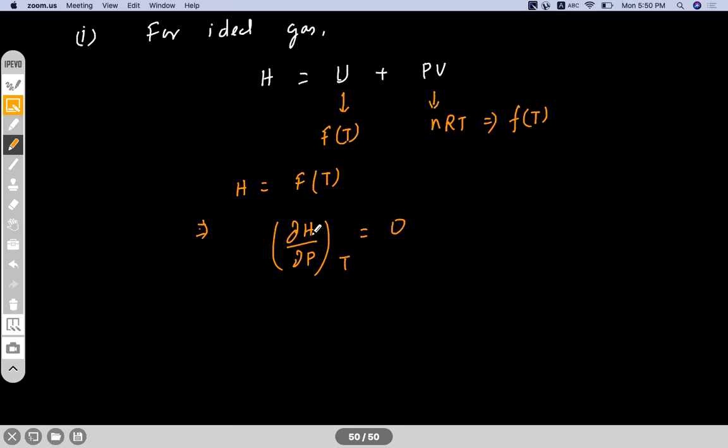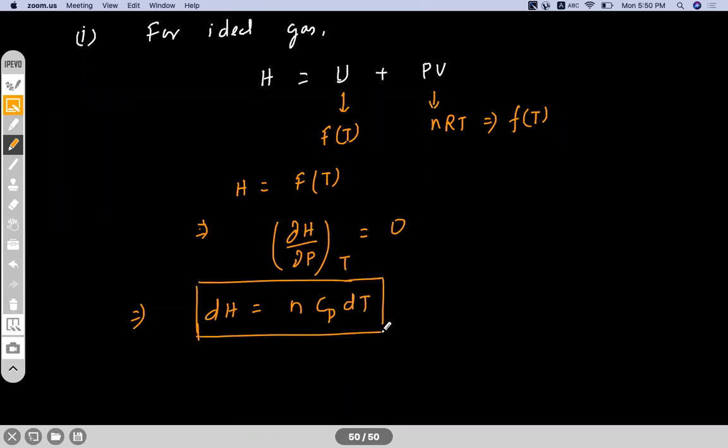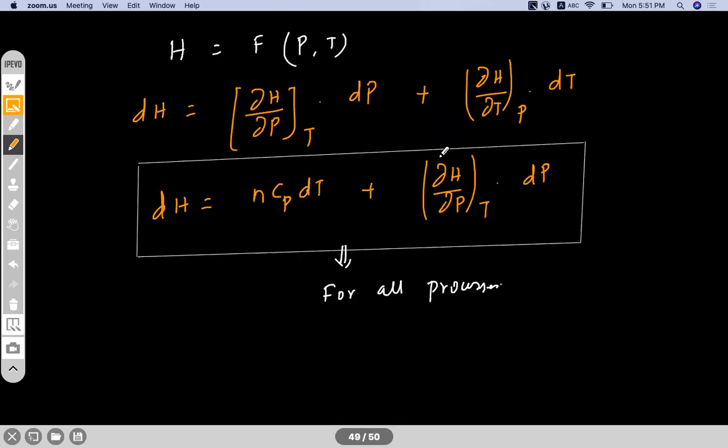Yes. And this, if you substitute in that general formula, we'll get dH is equals to nCp dT, right? Why? Because this dH, dou H by dou P at constant temperature, we have substituted here in this expression. This entire term is 0 and dH is equals to nCp dT.